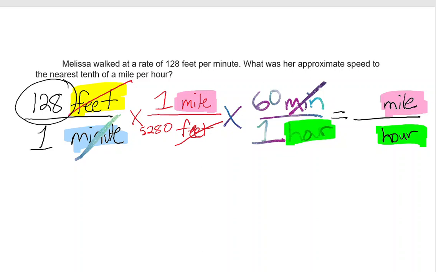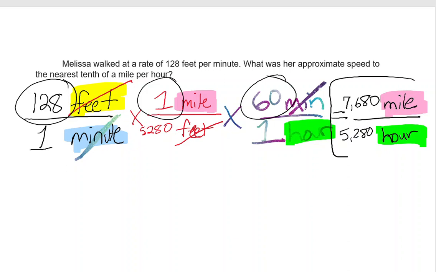We've got 128 times 1 times 60. 128 times 60 is 7,680. And then on the bottom, we have 1 times 5,280 times 1, which is 5,280. So now this turns into a division problem, so we can get per 1 hour here.